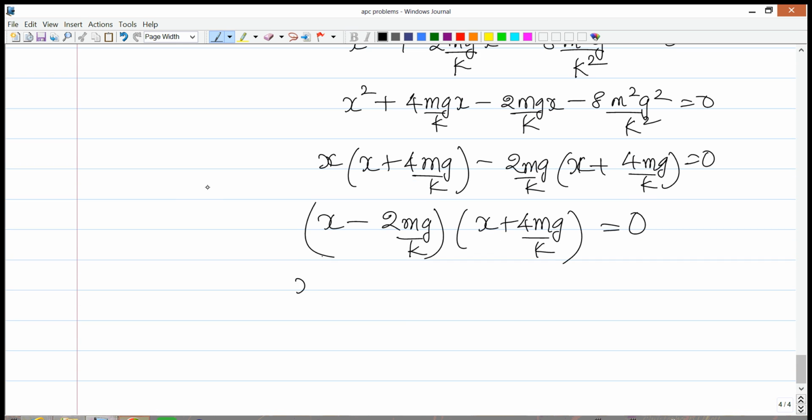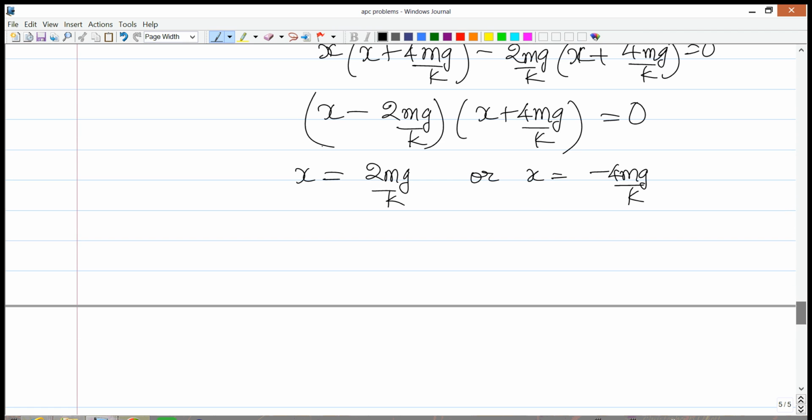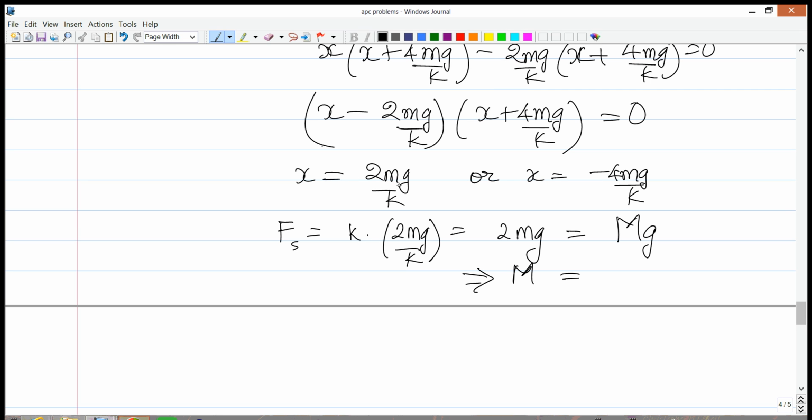And now my roots are x equals 2 mg over k or x equals negative 4 mg over k. We don't care about the negative value, so we'll use the positive one. This tells me that the force that the spring exerts is equal to k times 2 mg over k, which is equal to twice mg, and this is the force that is going to lift the object, and this tells us that the maximum value the mass M can have is 2m. Alright, hope that helps.